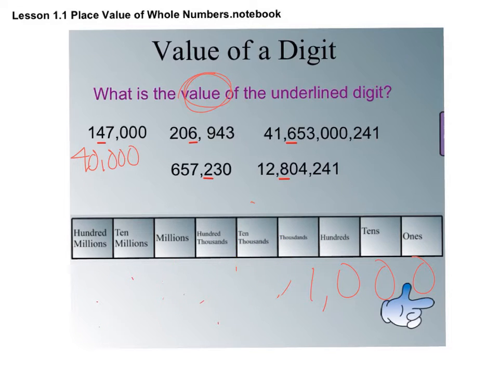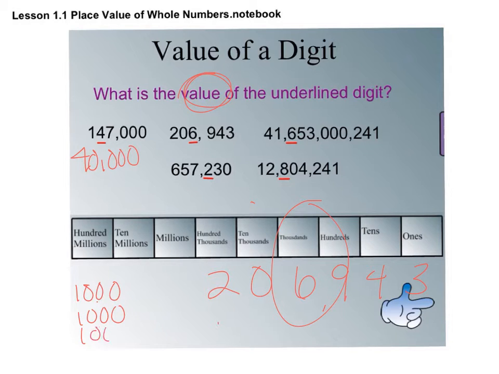Let's consider the next one, 206,943. We're being asked about the 6. There's a 6 in the 1,000s spot. Again, that means 6 1,000s.